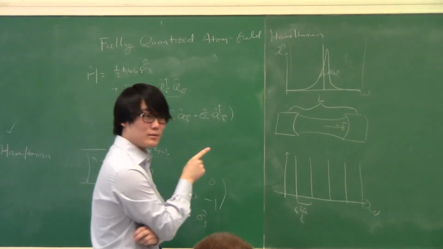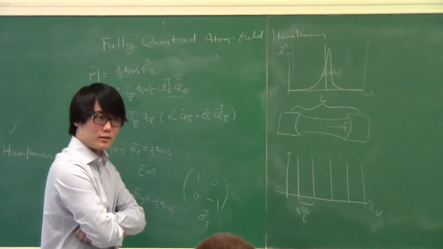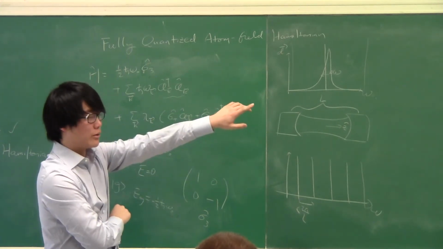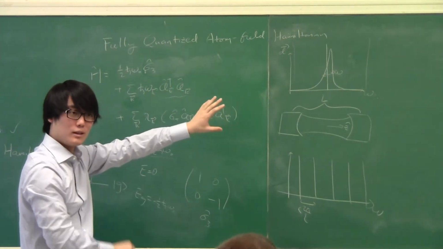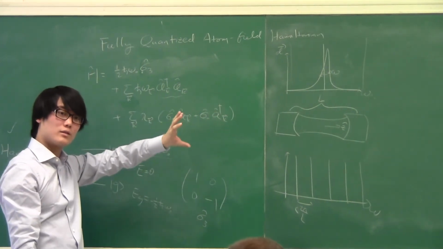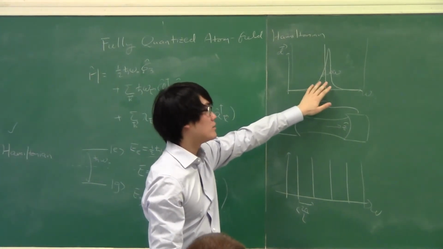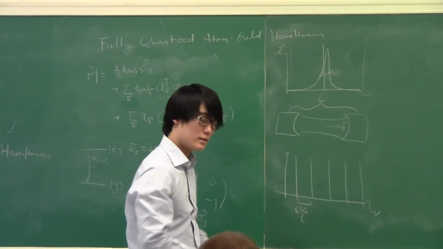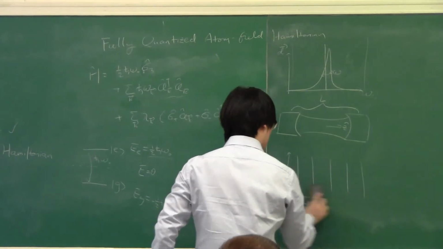It doesn't mean that all these other modes are not there in the cavity, but the atom just doesn't have the rotating wave approximation with them. The atom still reacts to those modes, and we'll see how it reacts maybe on Thursday. But right now, in this regime with a possible transition, it only couples to one mode.